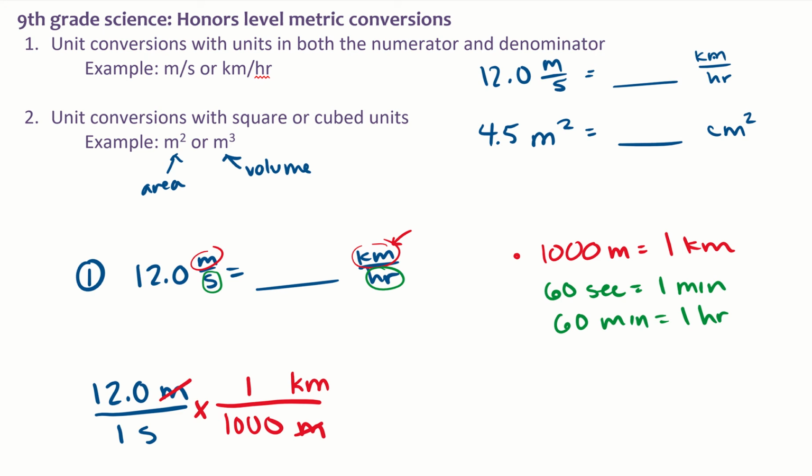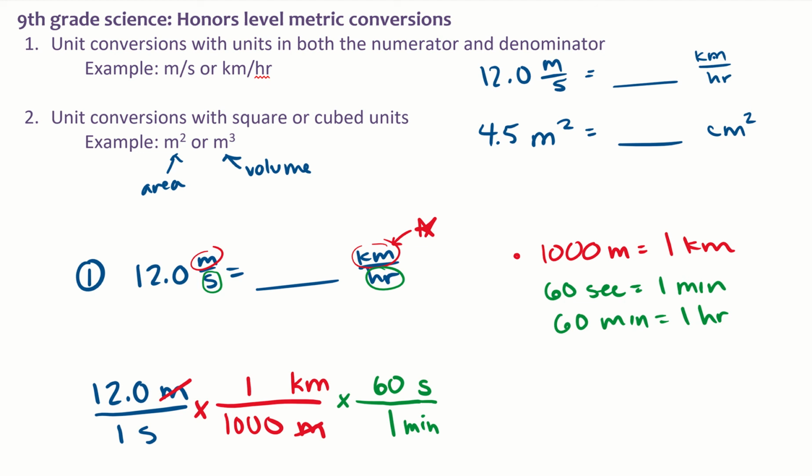Now I have the correct units in my numerator, but I am not done yet. Okay, I need to use more conversion factors because I need to fix this denominator. I want the seconds to instead be reported in hours. Okay, so I'm going to add another conversion factor here. Okay, well, I said that for some reason I forgot that there was 3,600 seconds in an hour. So I did remember, though, that there were 60 seconds in a minute. So my seconds I want in the numerator, and I put seconds in the numerator, and there's 60 seconds in 1 minute.